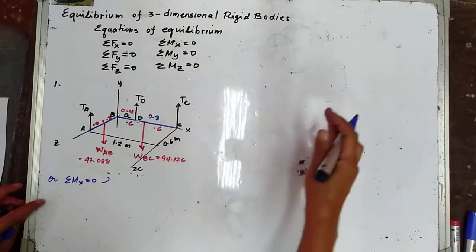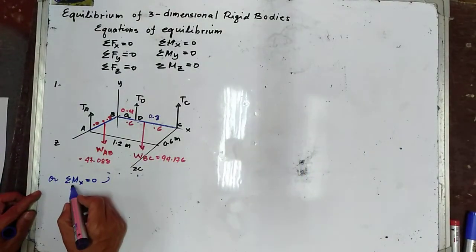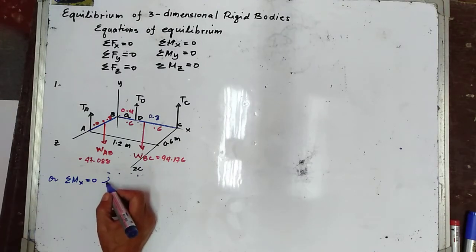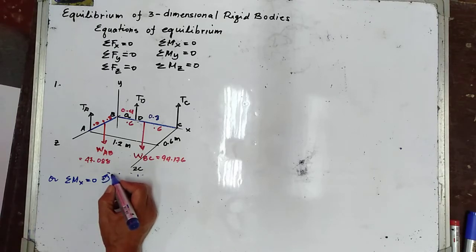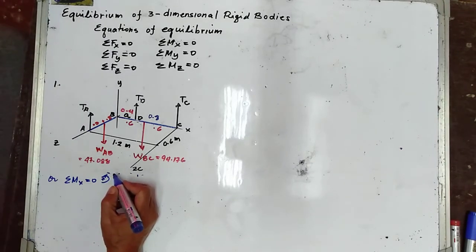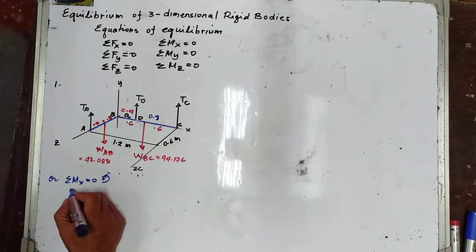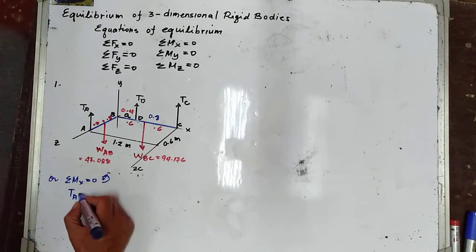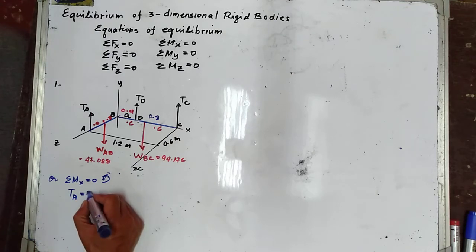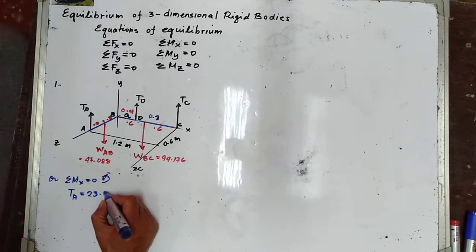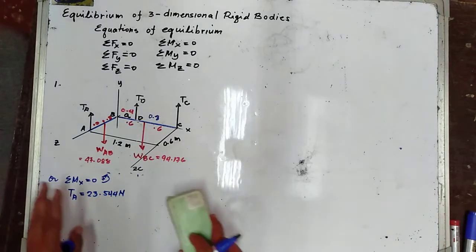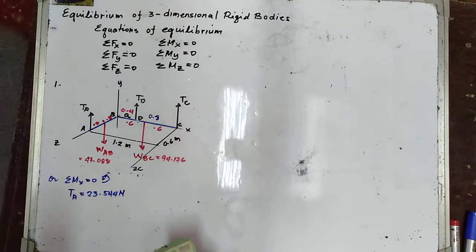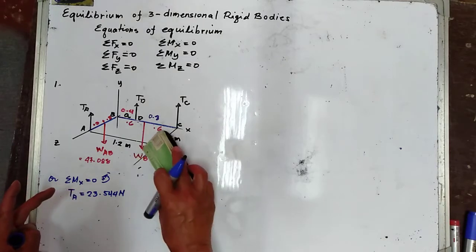Okay, next, in the previous problem, summation of moment about the x-axis is equal to 0, taking counterclockwise moment positive, and we got the value of TA, which is 23.544 newtons. Now, supposing we are not going to take moment about this axis.